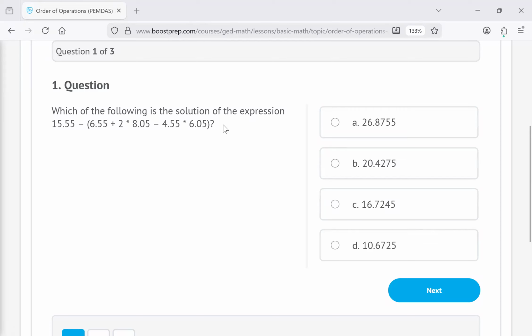But before we go any further, I've got to write down some PEMDAS rules. So you've probably heard of it. P-E-M-D-A-S, right?